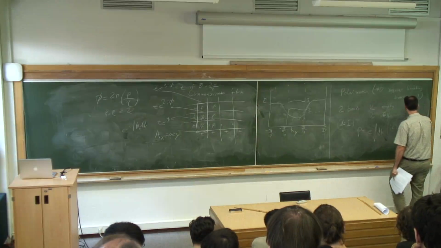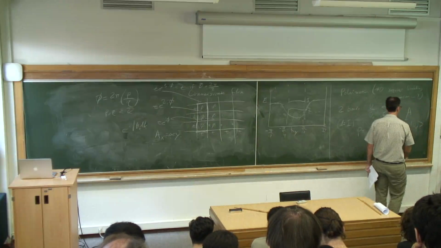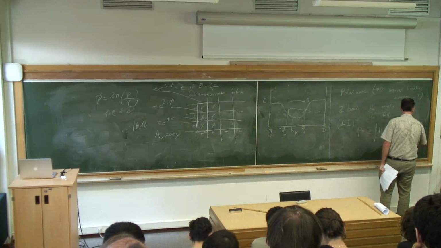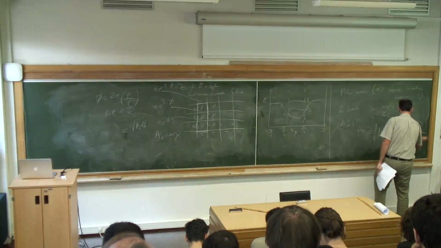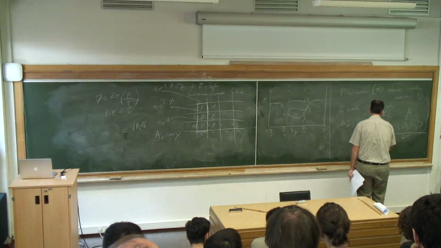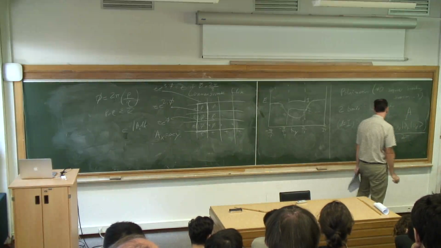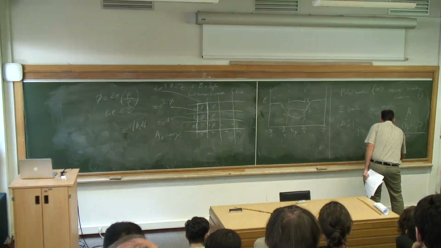So this is A, it's not F. And then again, there's a 1 over 2 pi. So remember, the Brillouin zone is periodic, and that's actually important here. dk of A over 2 pi.